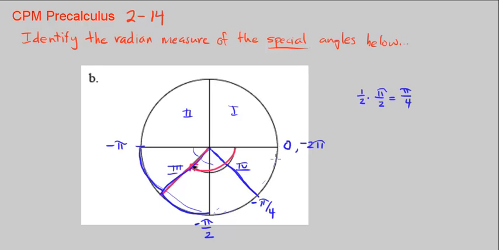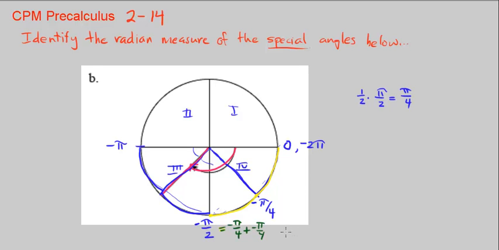Let me use another color, yellow. If we start here and we go negative pi over 4, we get here. If we add another negative pi over 4, that's the same thing as negative pi over 4 plus negative pi over 4.